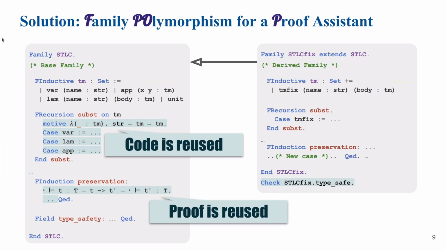In particular, executing the last command, Check STLC fix.typesafe, displays the type safety theorem of the fixed point extension. Although much of the type safety proof for STLC fix is found in the base family, FPOP automatically constructs a complete proof that satisfies Coq's checker.